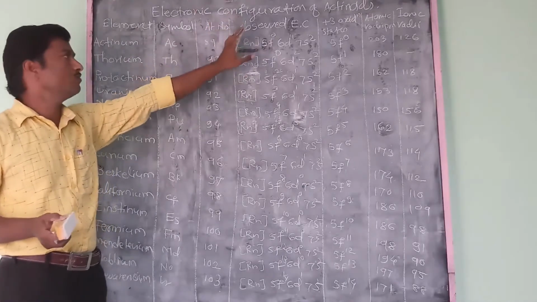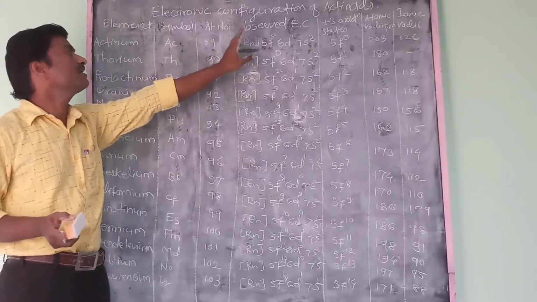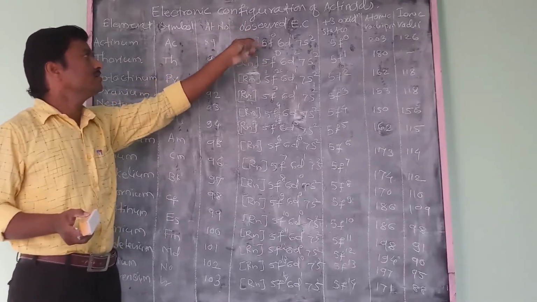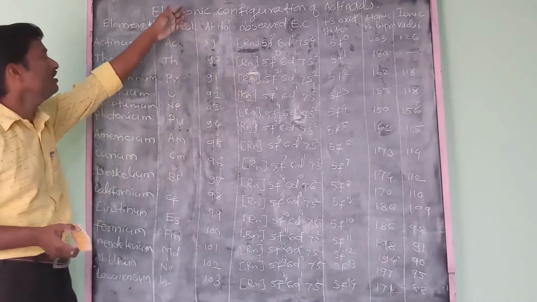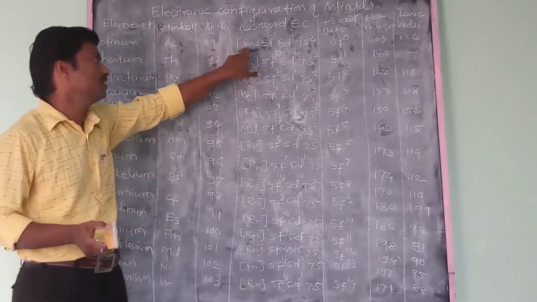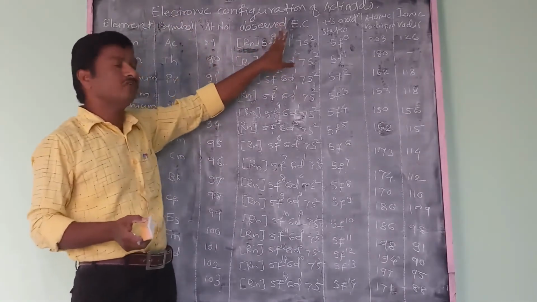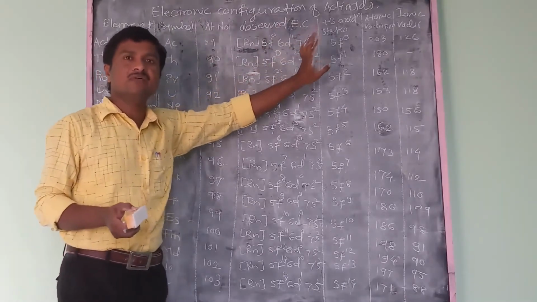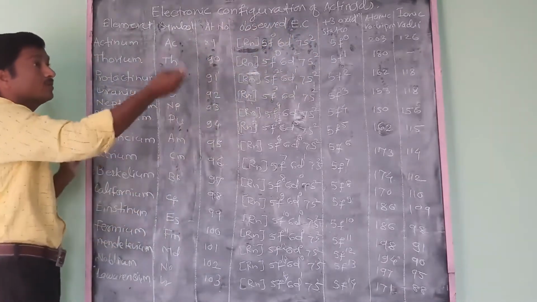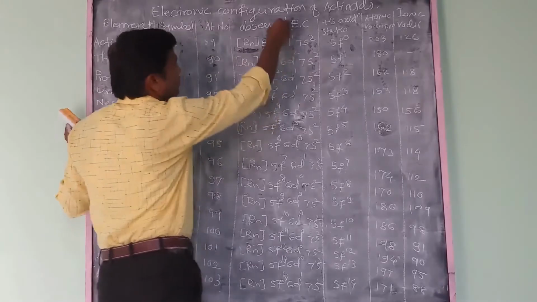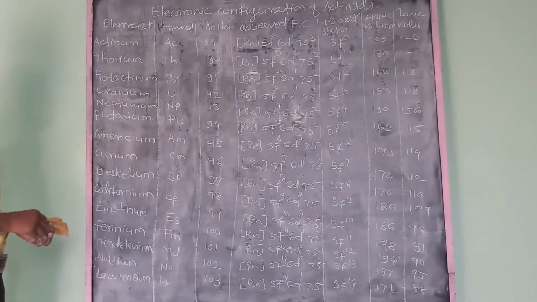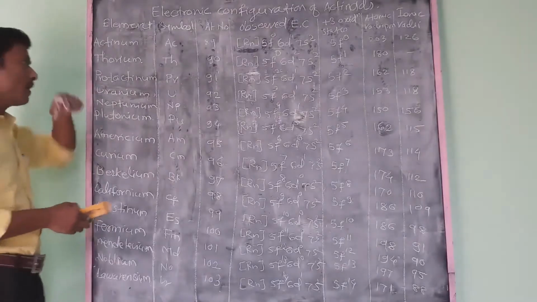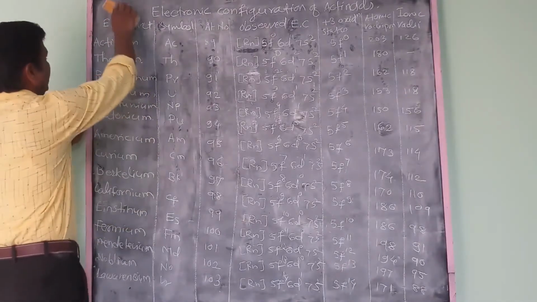For that purpose, we write the inert gas radon, because radon has atomic number 86, which is nearer to the actinoid series, and that's why it is taken. Then the outer shells, that is 5f, 6d and 7s. These are the outer electronic configuration, and electrons will be filled progressively in 5f orbitals. This is about the electronic configuration of actinoids.